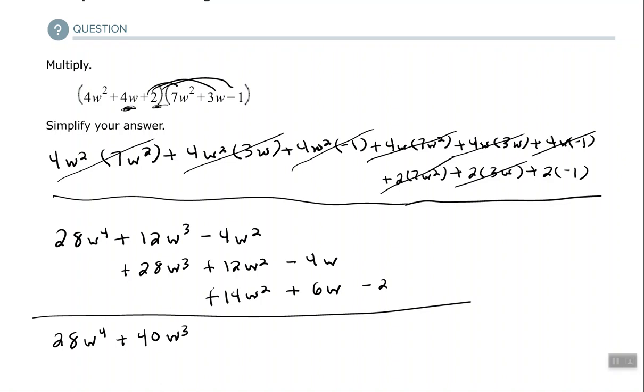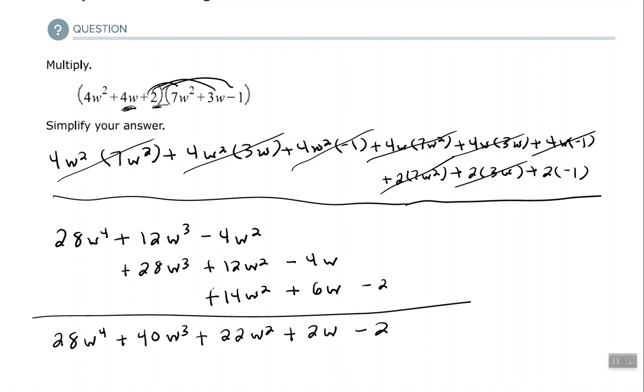And 8 plus 14, that would be 22. And then we have negative 4w plus 6w. That would be positive 2w. And then bring down that minus 2.